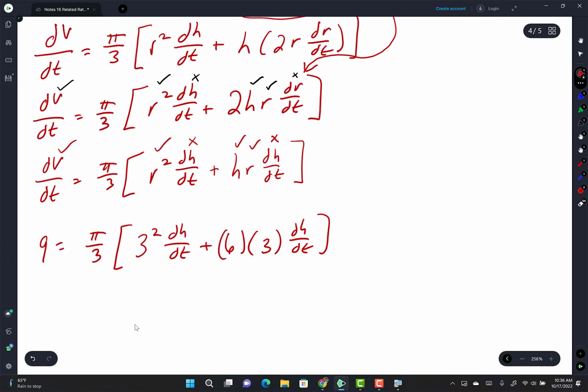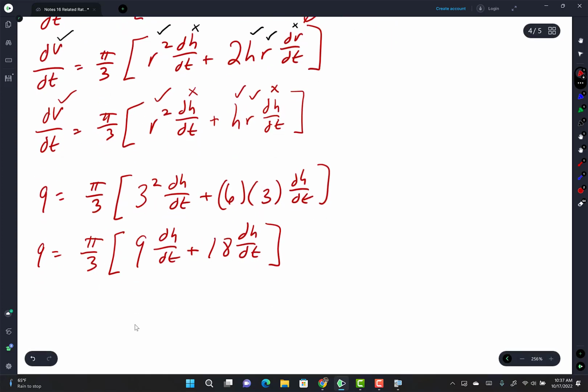All right, guys. Now it just turns to algebra. 9 equals pi over 3, bracket 3 squared is 9, dH dt, plus 6 times 3, what's that, 18? dH dt. 18 plus 9 is 27. So 9 equals pi over 3, 27 dH dt.